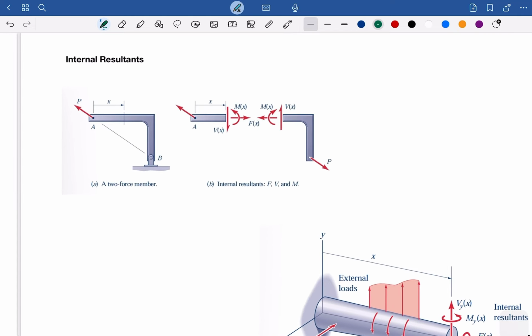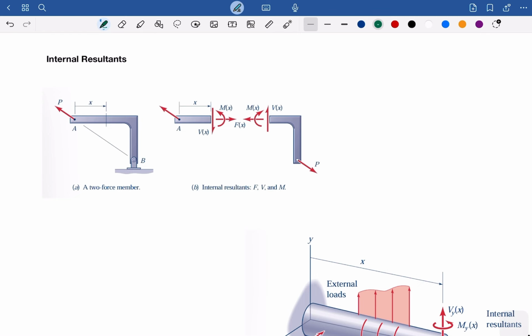Okay, and this is how we see the internal resultant. Sometimes we need to do this to consider not only external forces, but we need to consider.